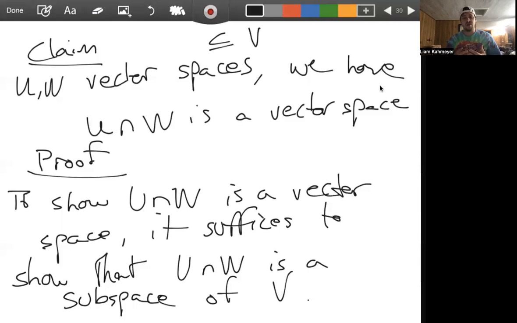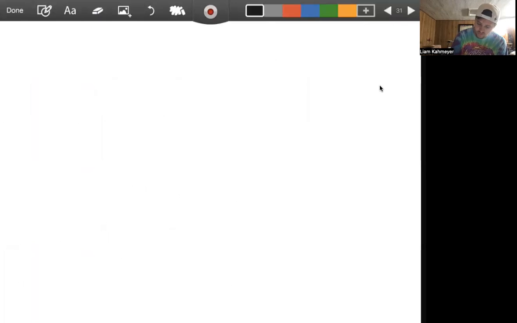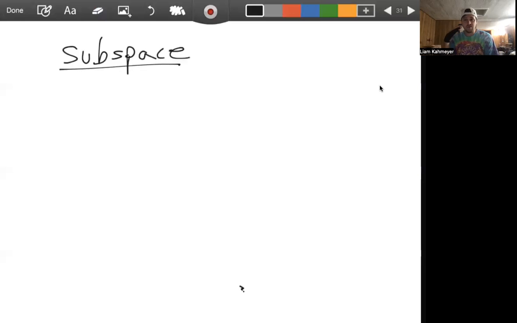So instead of having to go through all of these axioms for the intersection, it suffices to go through this subspace criteria here, right? Or this procedure we had, this test for determining if something is a subspace. And you don't have to remember all of the details. You have to be able to flesh out all of the details. But what you do have to be able to remember is what three questions to ask yourself, right? When you're asking yourself if something is a subspace, you have to ask, is 0 in my space?